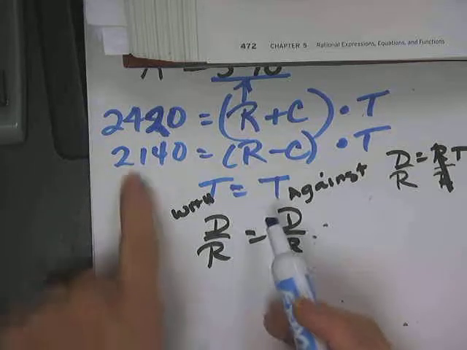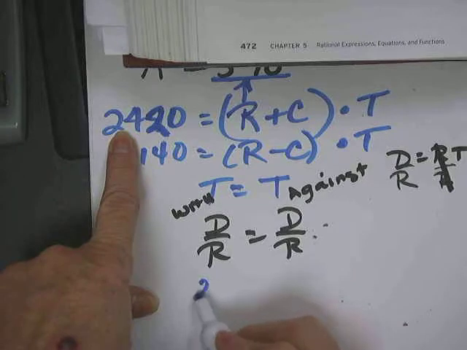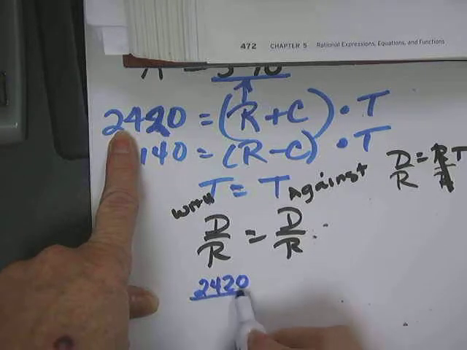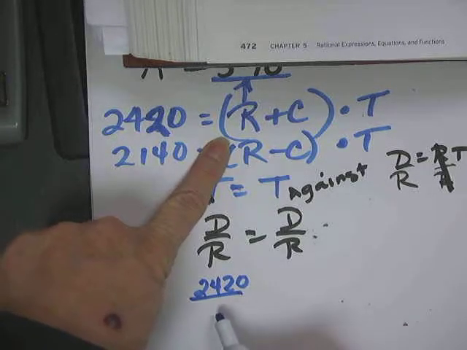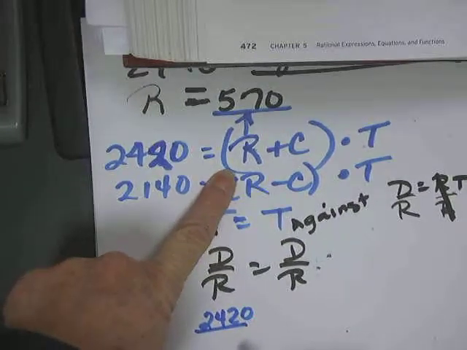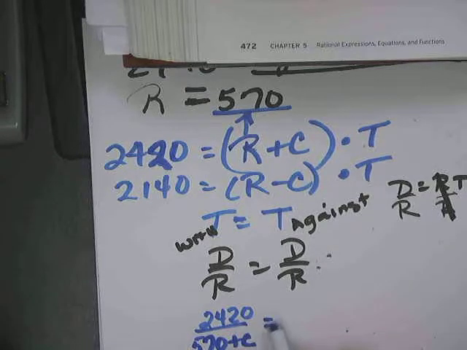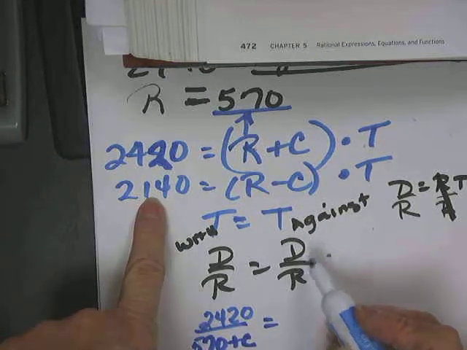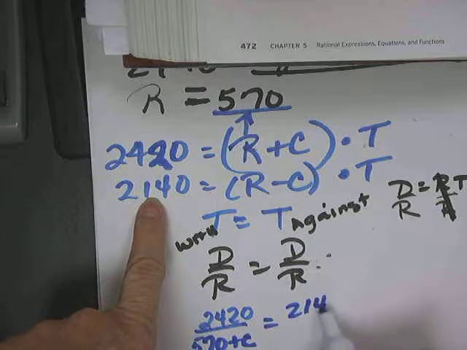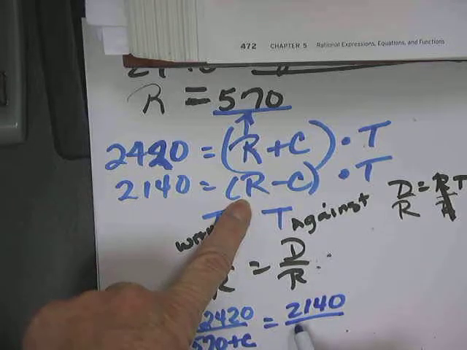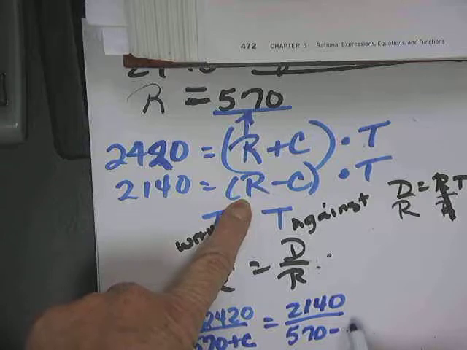And we need to label one of them with and one of them against. This is with the wind, and this is against the wind. Or you could do it the other way around. It doesn't really matter. You've learned in proportions, it doesn't matter as long as you have it marked, right? The distance with the wind was 2420, wasn't it?